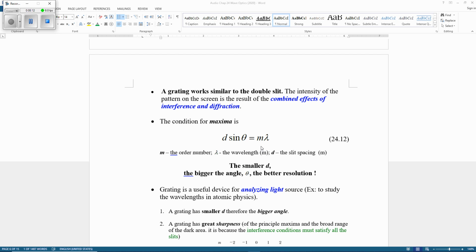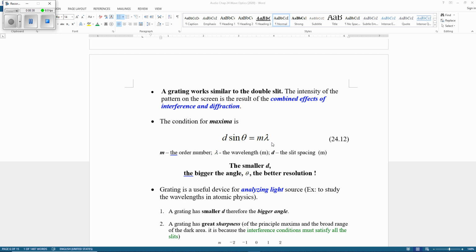So now let's see what happens. For given m and given lambda, if you use the same light, for the grating the angle will be much bigger because d is much smaller. The angle is much bigger, right? Because lambda is fixed.